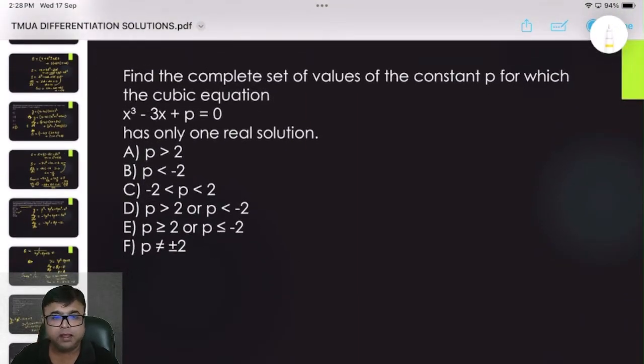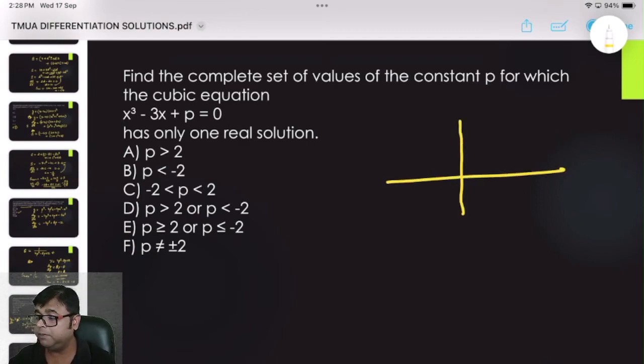Now they say find the complete set of values of constant p for which the cubic equation has only one real solution. Now I told you the graphs. I made the graphs in the last question also. So here also it will be either like this, right? It will have minimum value also positive, maximum value also positive.